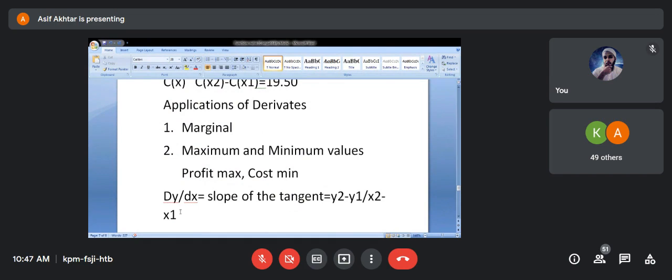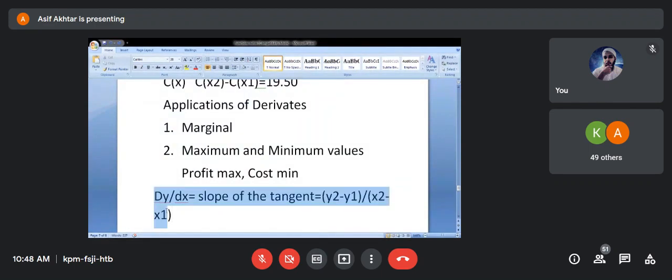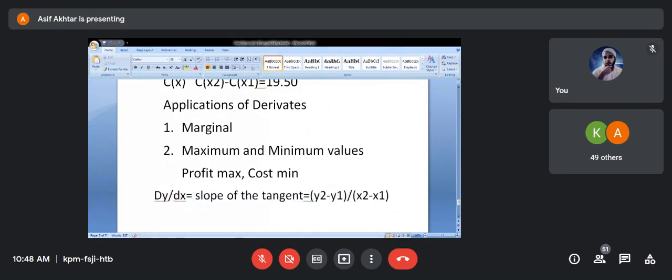We have discussed this several times with you. So as you all know, when we talk about differentiation, dy by dx, one of the important interpretations of differentiation is that it gives you the slope of the tangent, which is y2 minus y1 upon x2 minus x1.